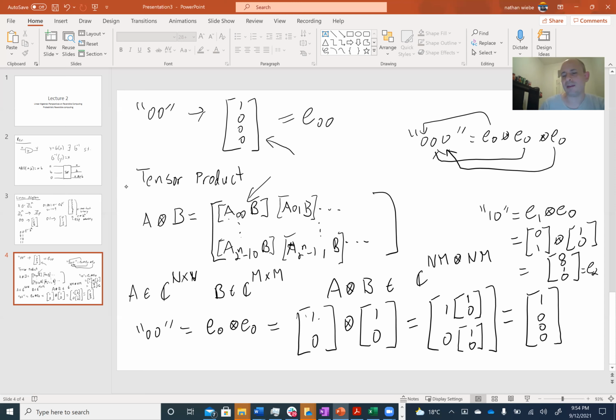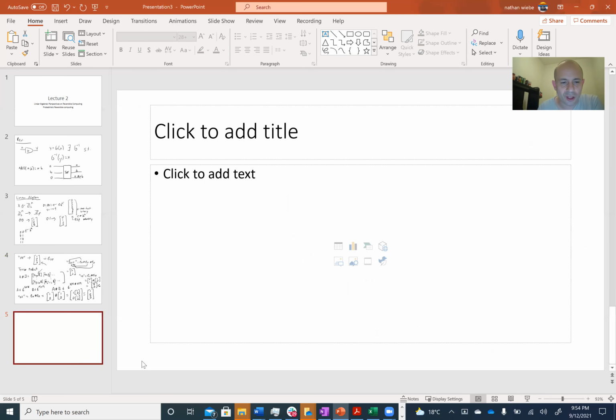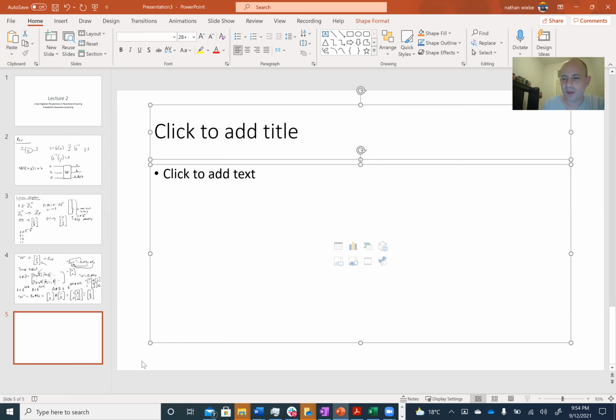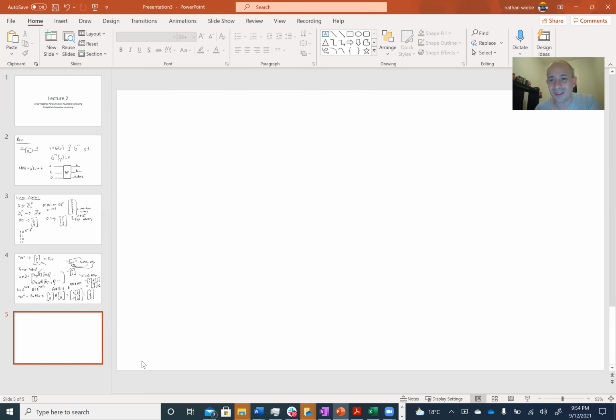And the same thing follows, and we end up getting 1, 0 all the way down to 0, just like we saw before. Okay, so this is how we can use the tensor product to build up higher dimensional vectors.